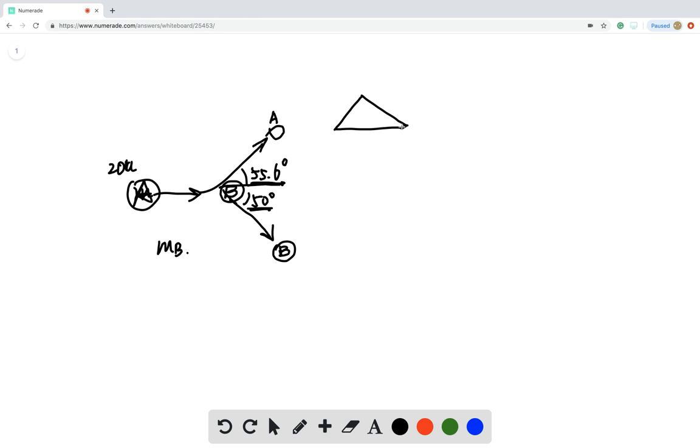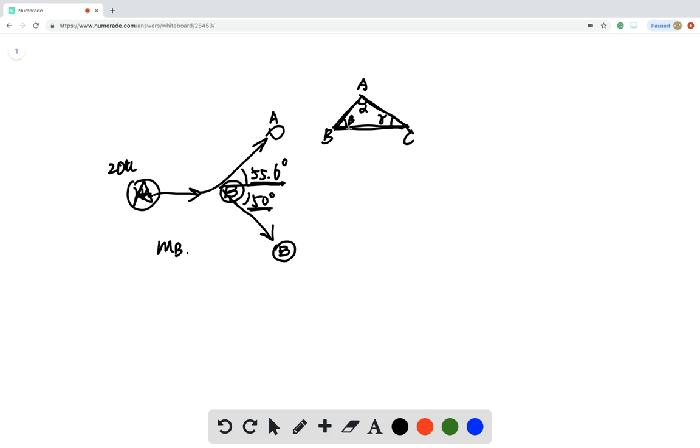So firstly, let's review what the law of sines is in case you have forgotten a little bit. For every triangle, say ABC, let's say we have three different angles, alpha, beta, gamma.